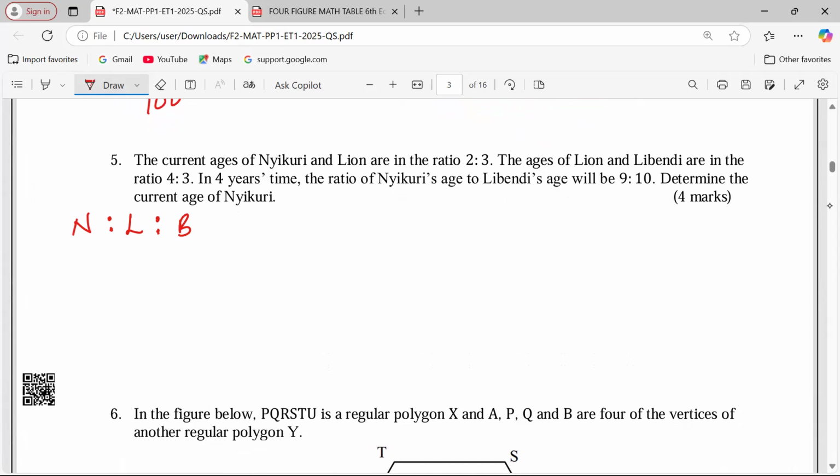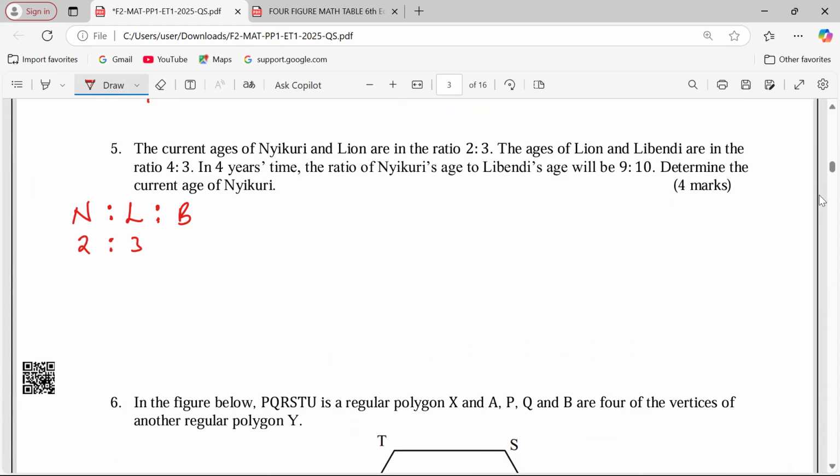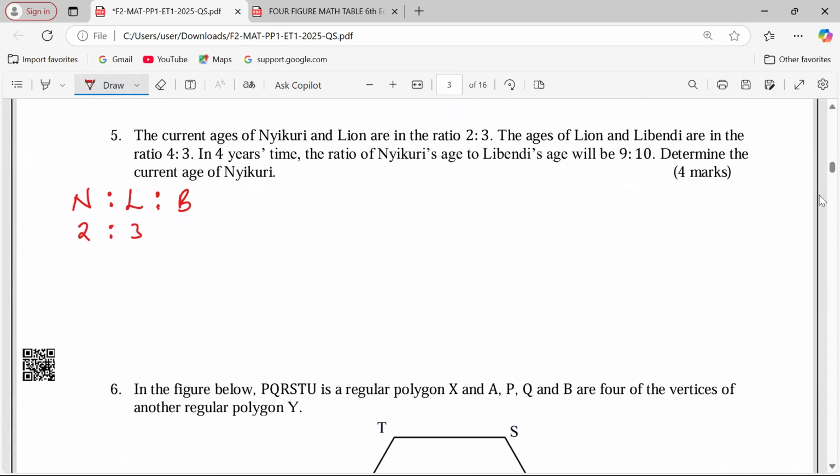Okay, now the first ratio of Nyikuri to Leon is 2:3. Then the age of Leon to Libendi is 4:3. So we can first get a common ratio here.